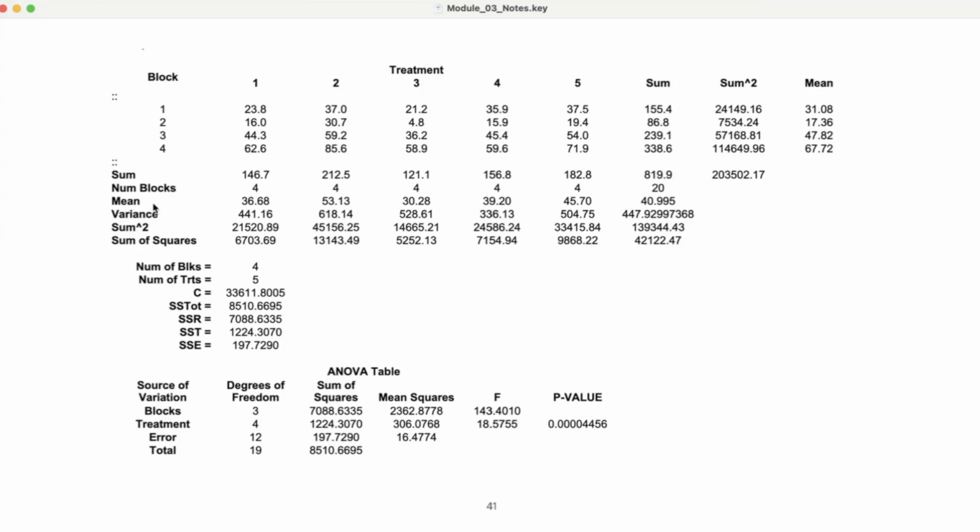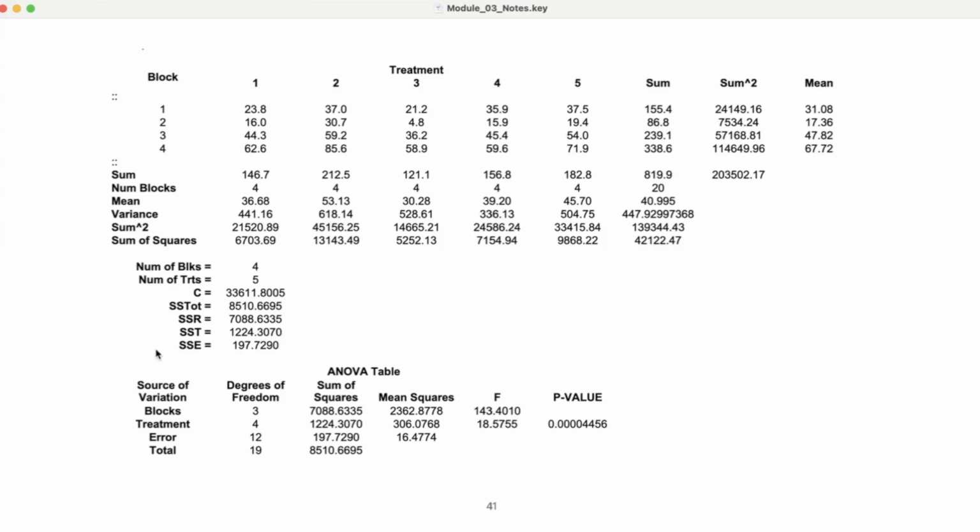I've got the summary statistics for each of the columns. I also have summary statistics for the rows, and a few extra summary statistics in here, but I certainly have the ones that I need. Then using those calculations, I calculate the correction factor C, the total sum of squares, the sum of squares associated with blocks, the sum of squares due to treatments, and then from that I can get the sum of squares error by subtraction.